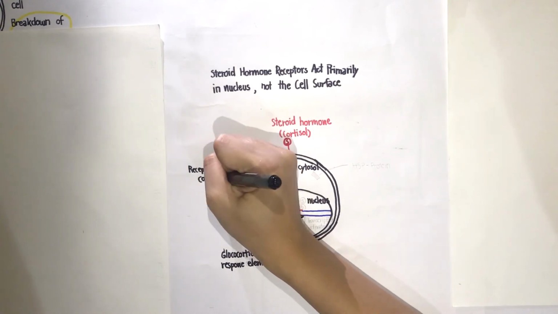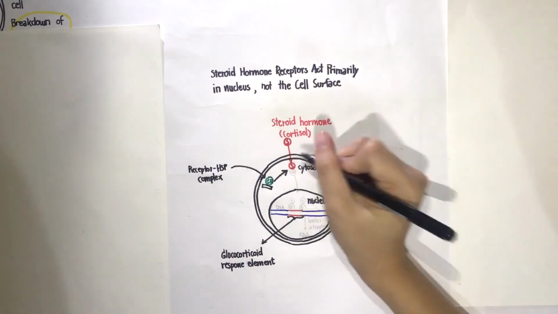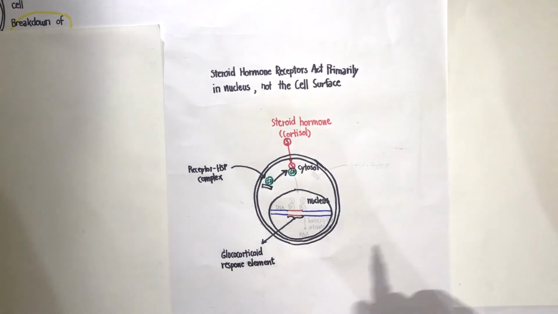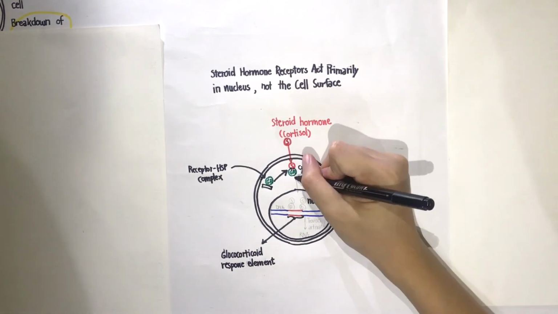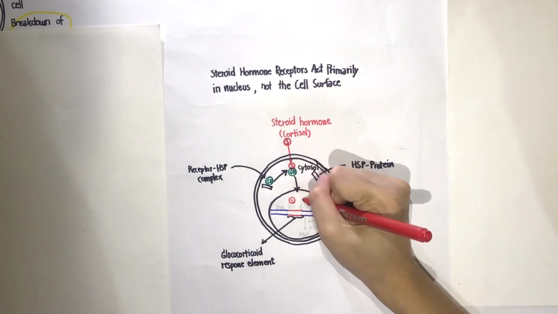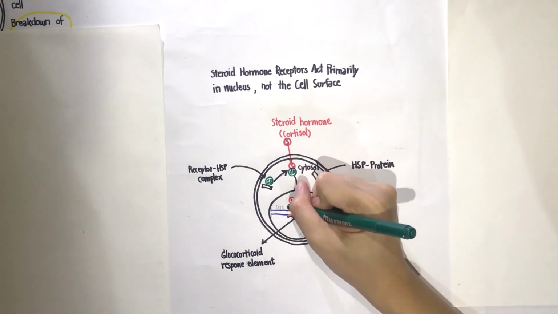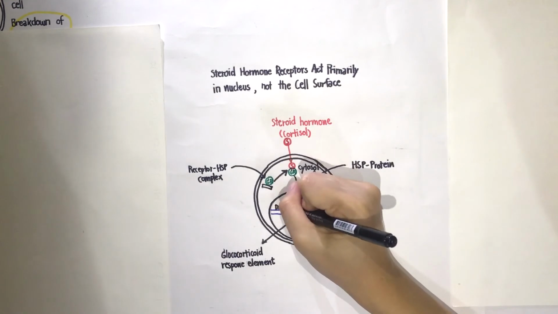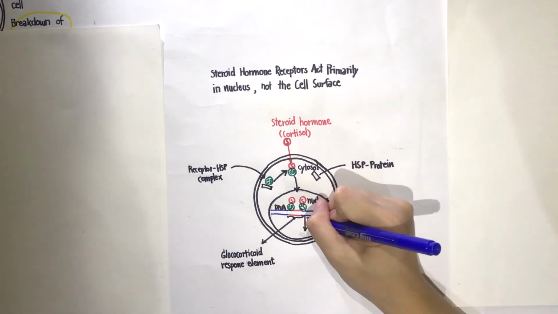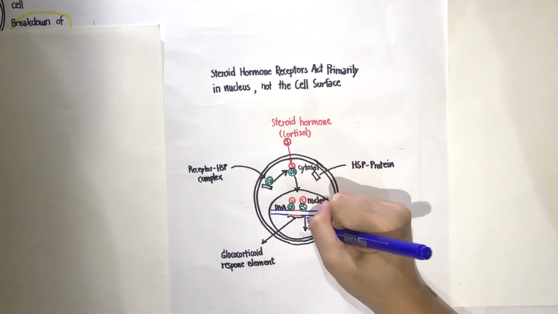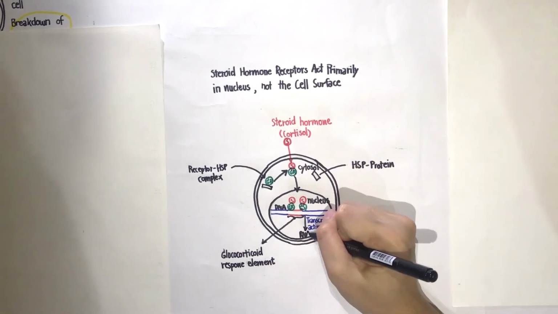Steroid hormones are lipid signals synthesized by endocrine tissue. Cortisol diffuses through the plasma membrane and binds to the glucocorticoid receptor, causing the release of heat shock protein and activating the DNA binding sites.